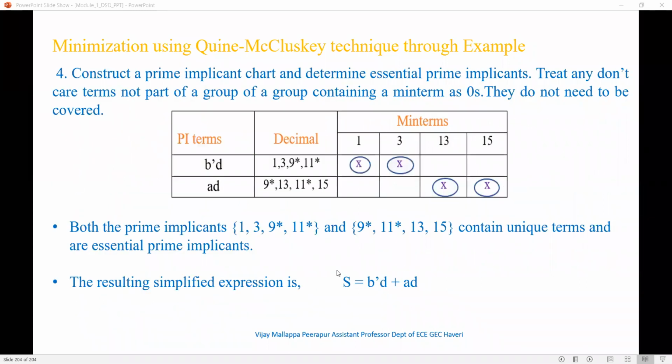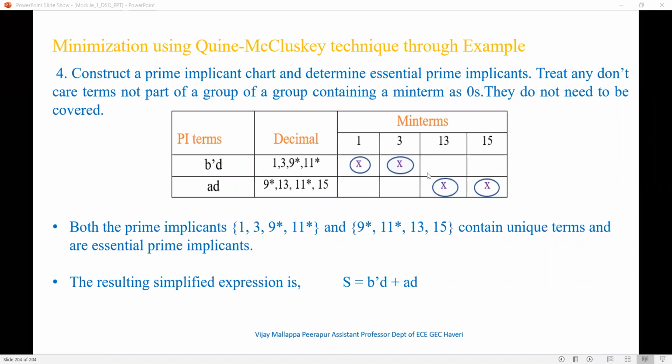So what we have now, we included 1, 3, 9 and 11, and the other 4 min term group we grouped is 9, 13, 11 and 15. Here, while writing the min terms, we included only the specified function terms 1, 3, 13 and 15, right? The don't care terms were not included here.